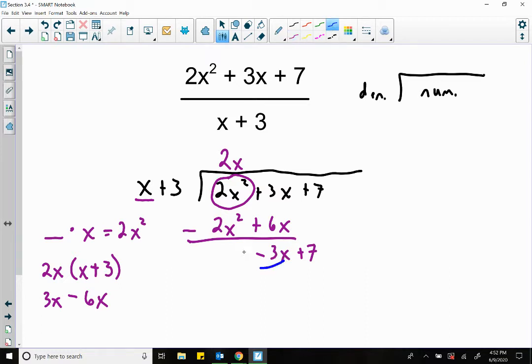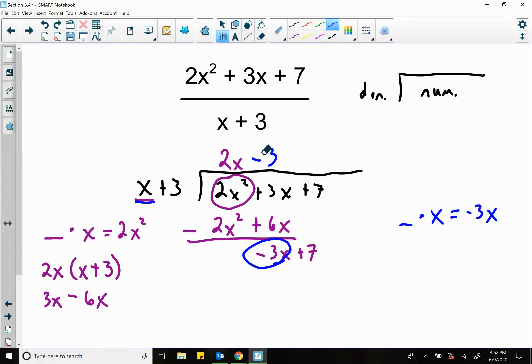All right. And now you have a new piece to get rid of. So we're going to say what times x, because we still like this guy right here, gives us negative 3x. And hopefully you said that it's a negative 3. See? Negative 3.